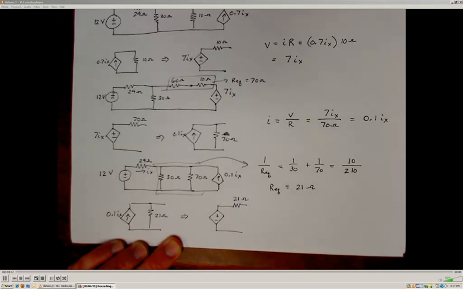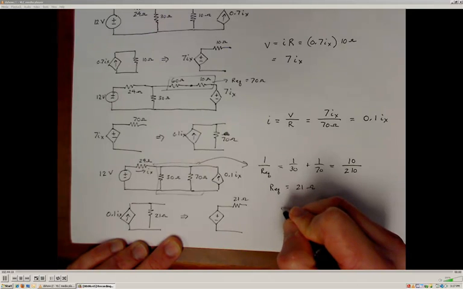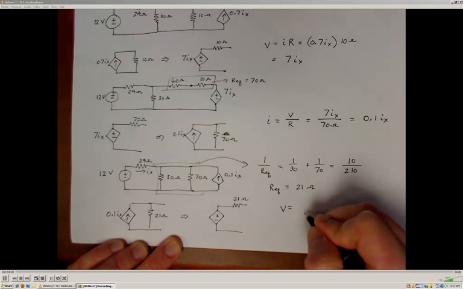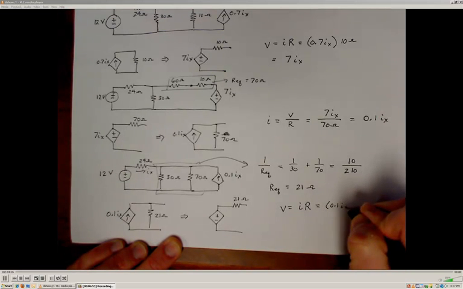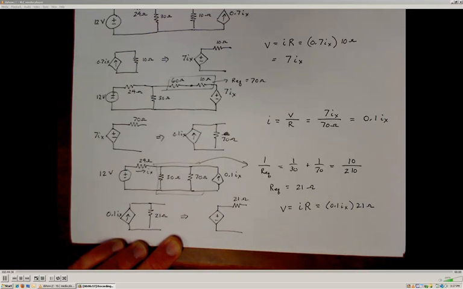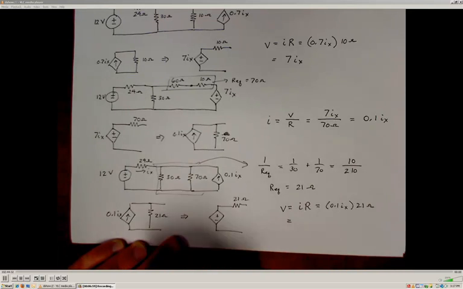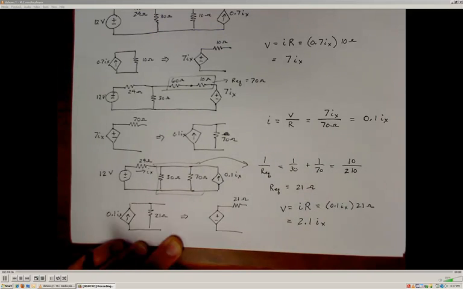Again, my challenge is to determine the value of this voltage supply right here, which I can compute using Ohm's law. V is equal to the current times the resistance, in this case 0.1 IX times 21 ohms, which gives me a value for the voltage supply of 2.1 times the current through that 24 ohm resistor.